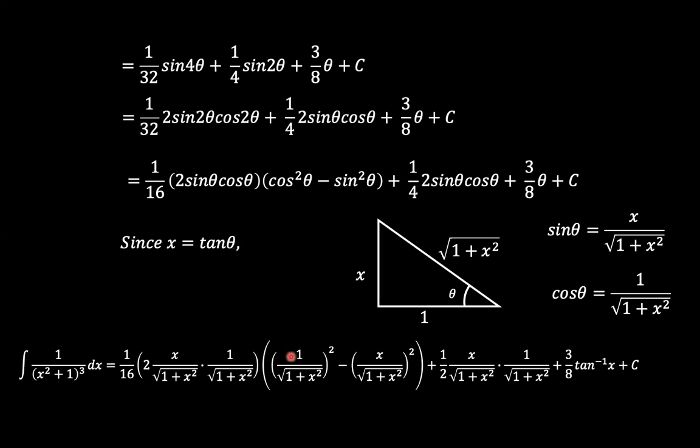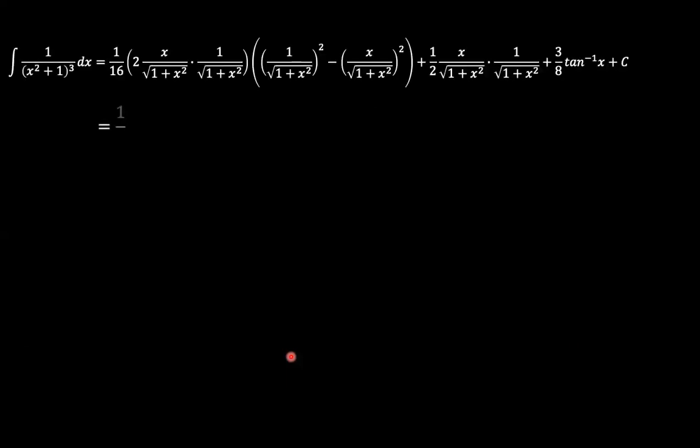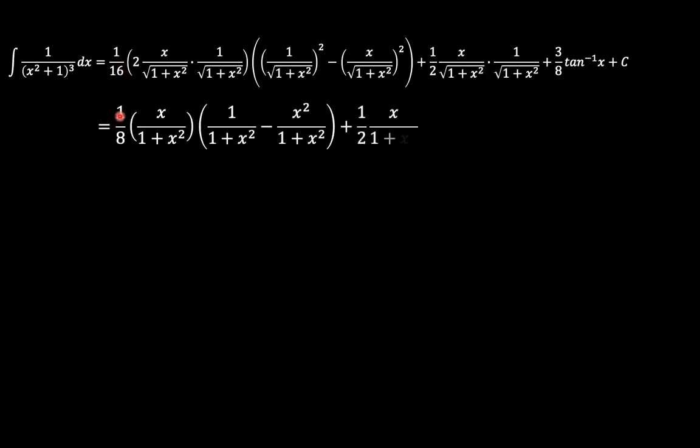So then we continue simplifying this. So we have 2 here, making this 1 over 8, since 16 divided by 2 is 8. And then x in the numerator times 1 becomes x. Square root of 1 plus x squared times square root of 1 plus x squared becomes 1 plus x squared.